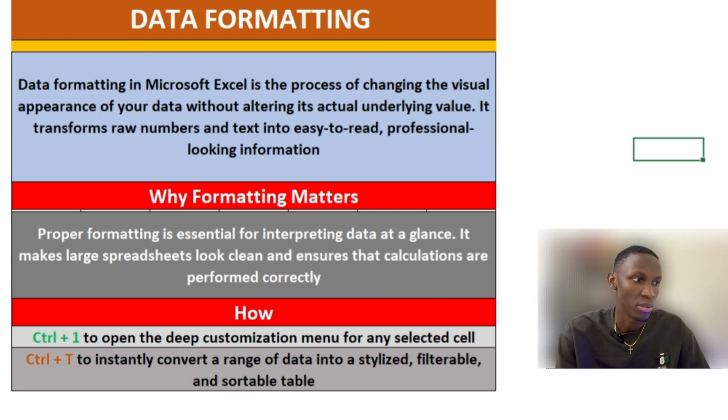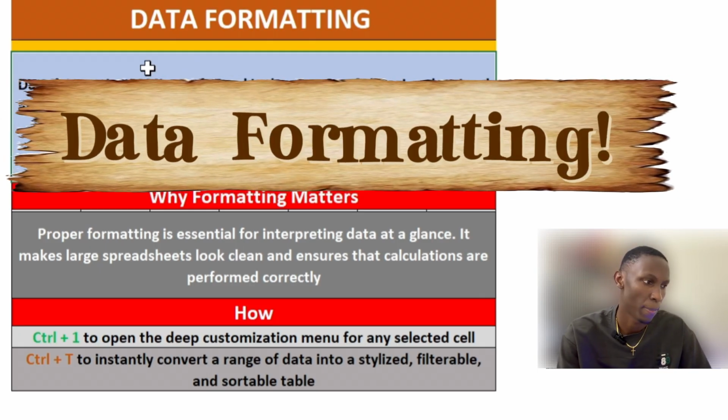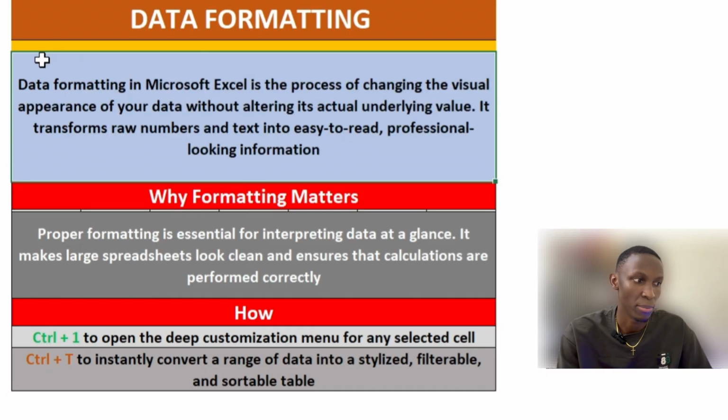So as you can see on my screen here, I have a pre-definition of what is called data formatting. Data formatting in Microsoft Excel is the process of changing the visual appearance of your data without altering its actual underlying value.